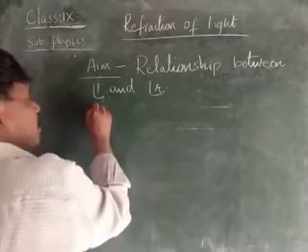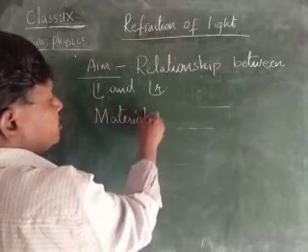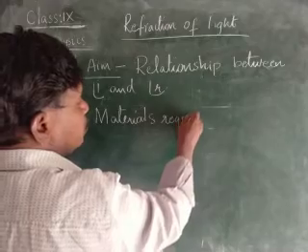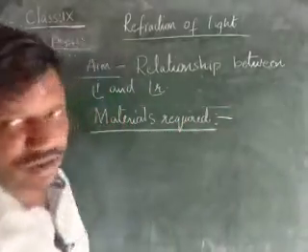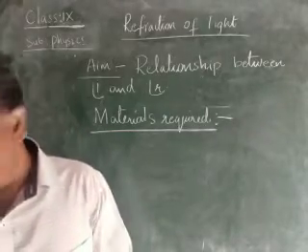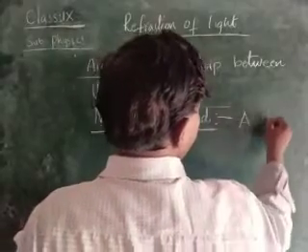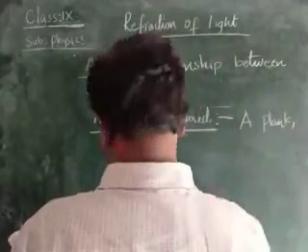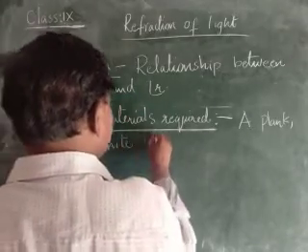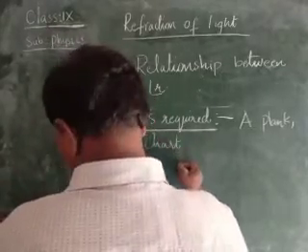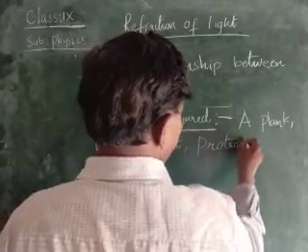And here, the second one is materials required. What are the materials required for doing this activity? A plank, plank means wooden cardboard, a pad, white chart, protractor. You know what is a protractor?